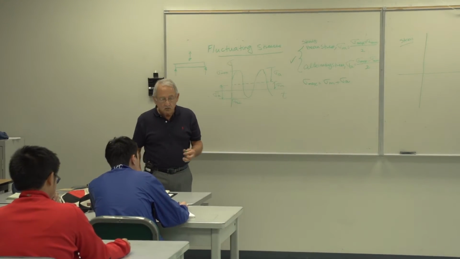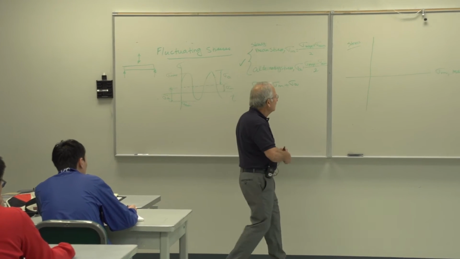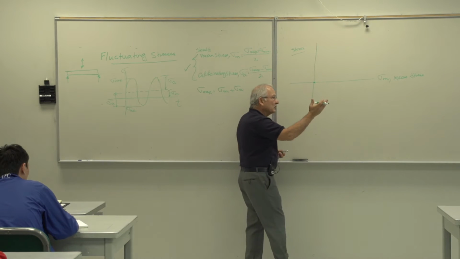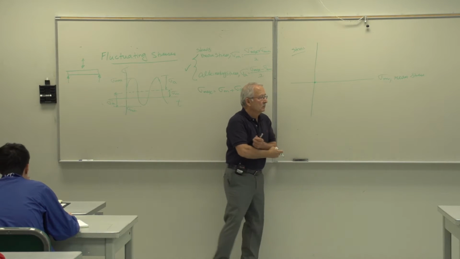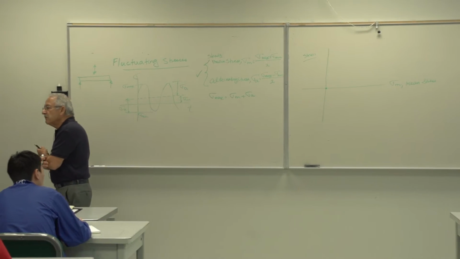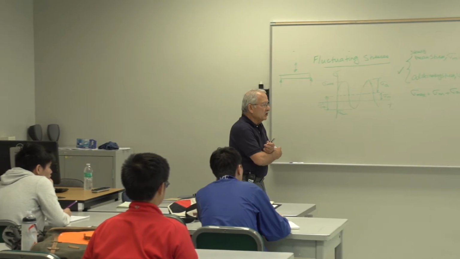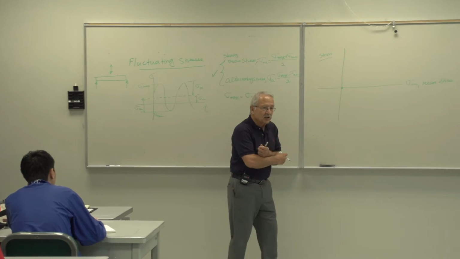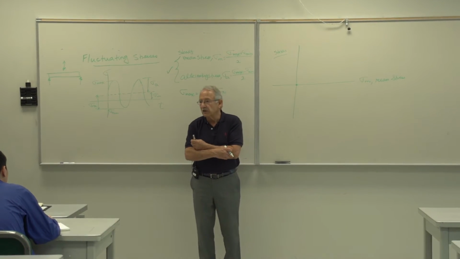Zero, right? So I'd be here. And if I want this part under this completely reversed stress to have infinite life, what would be the maximum value of the completely reversed stress that I can put on it and still expect infinite life?